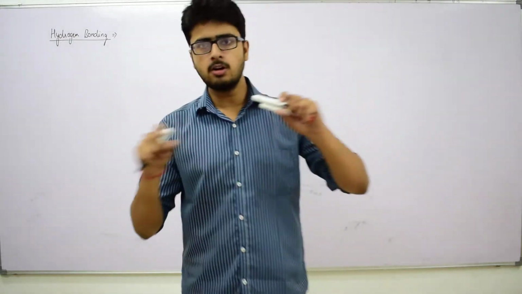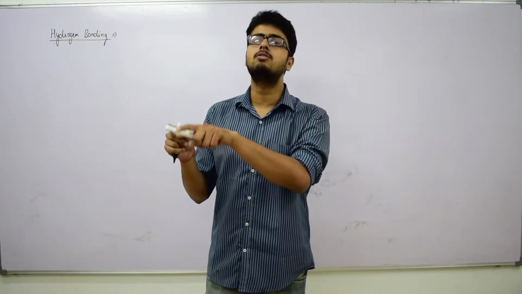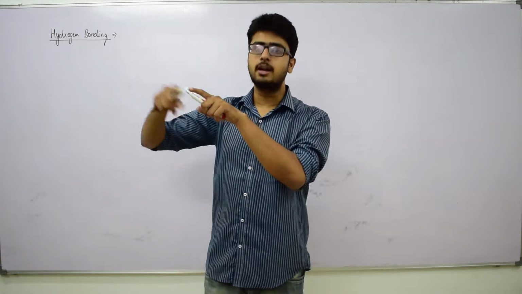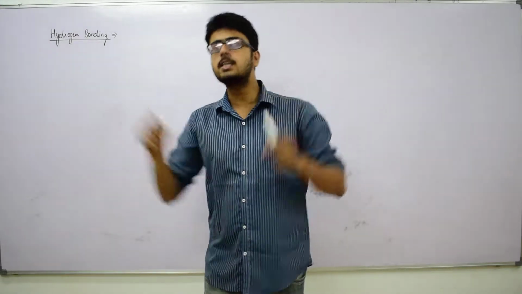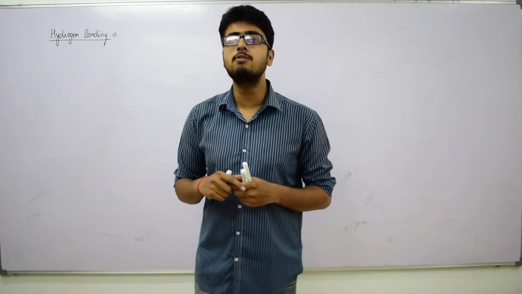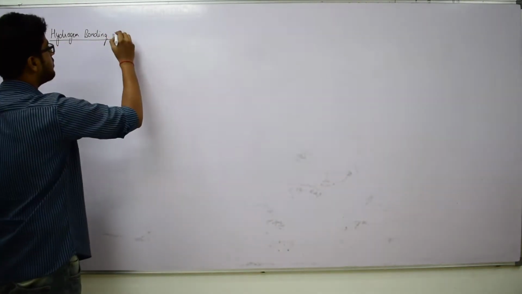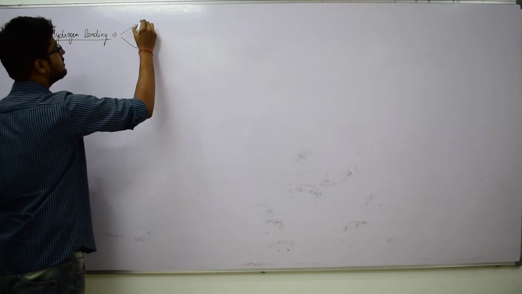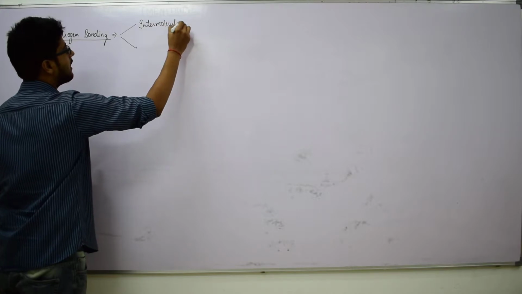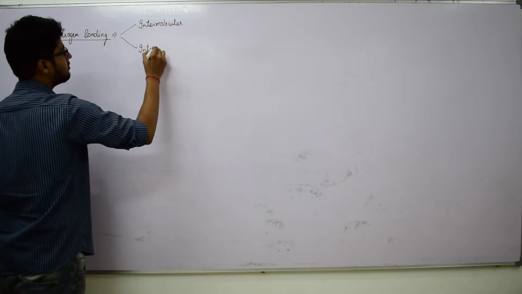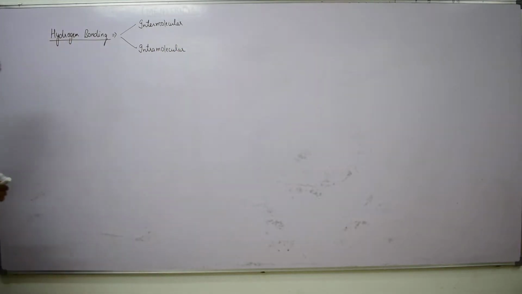There is a normal covalent bond, and the more electronegative atom of that covalent bond will be linked through hydrogen bonding to the next covalent bond. This series continues and leads to the formation of hydrogen bonding. Further, this hydrogen bonding is of two types: intermolecular hydrogen bonding and intramolecular hydrogen bonding.